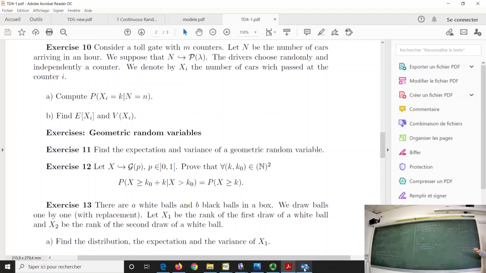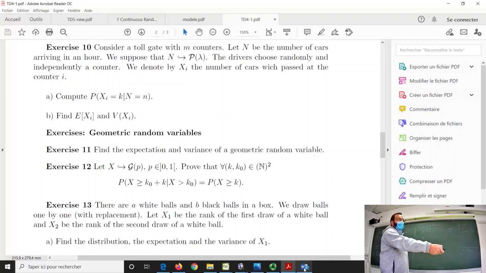If I am in the case k greater than 1, this conditional probability may be expressed this way. So I have to prove that this ratio is equal to this expression. And in fact, what do you see? Well, you see that you have three times the same kind of term to compute.